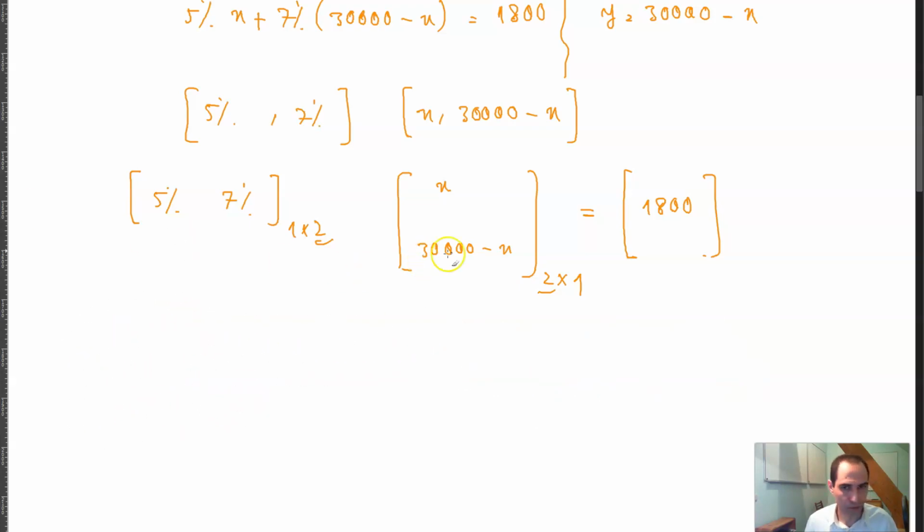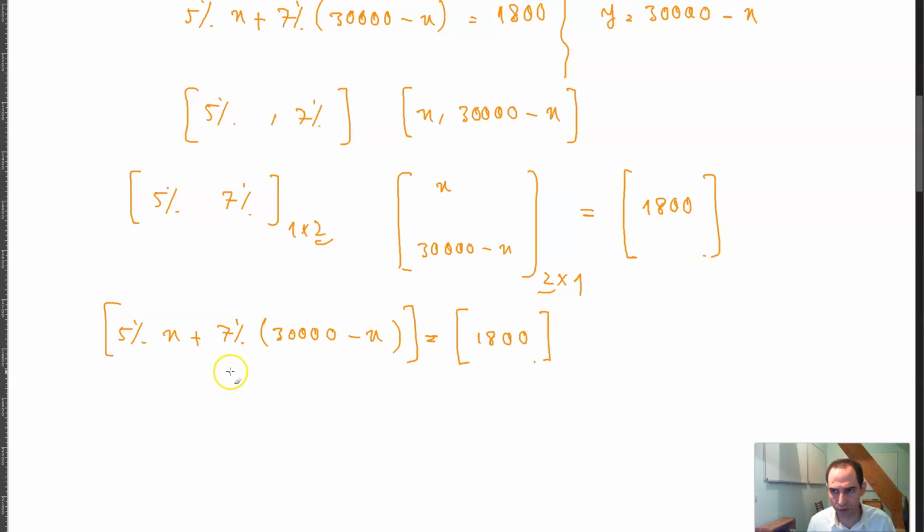So now I can do the matrix multiplication. This row times this column gives me 5% of x plus 7% of 30,000 minus x, which is a 1 by 1 matrix, and that is equal to 1800 as a 1 by 1 matrix.